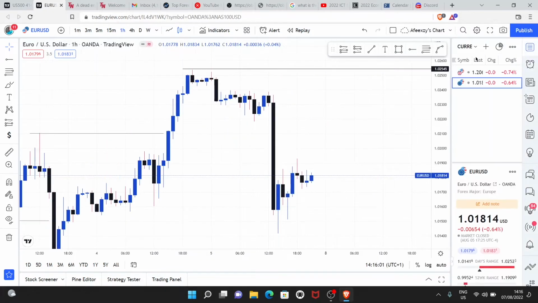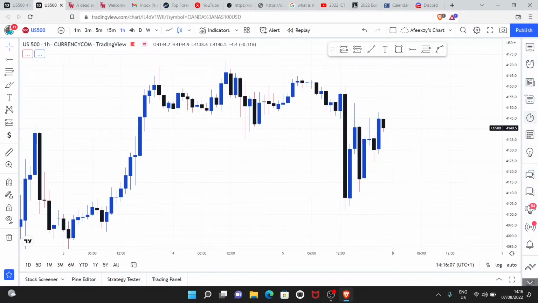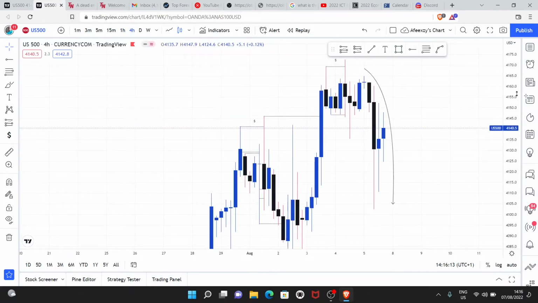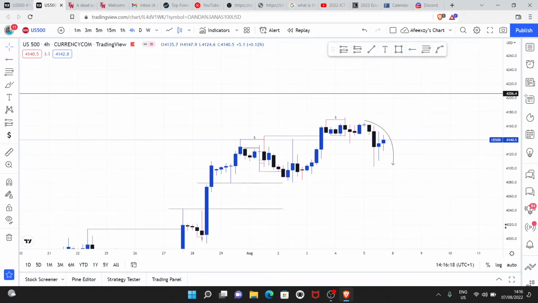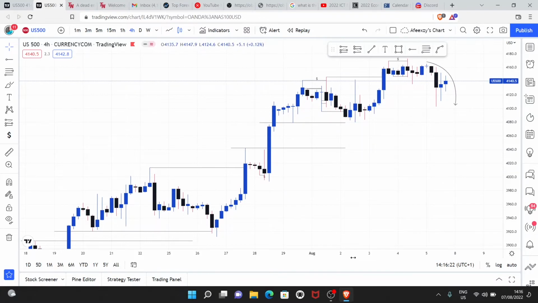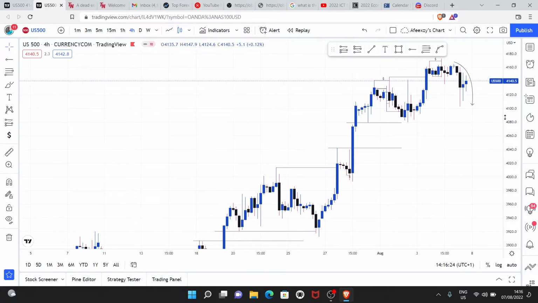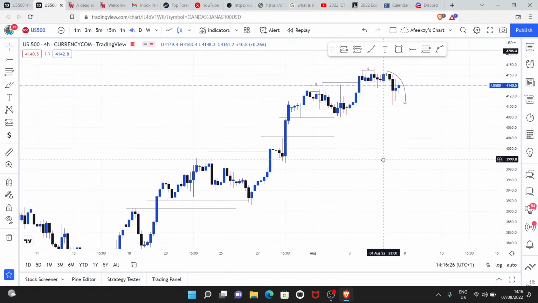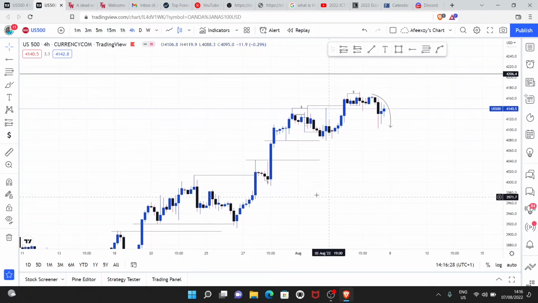Let's go to our indices. On our US 500, this was last week. As you can see, we had a bullish week.